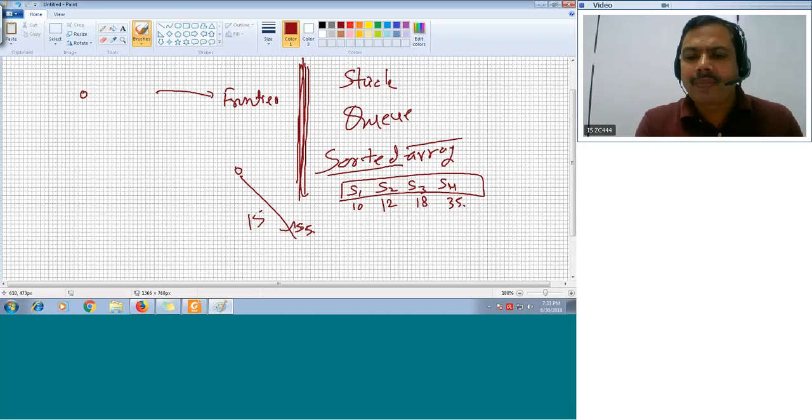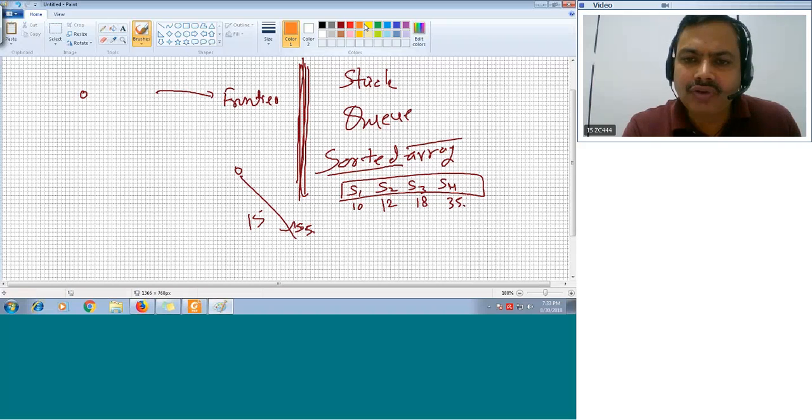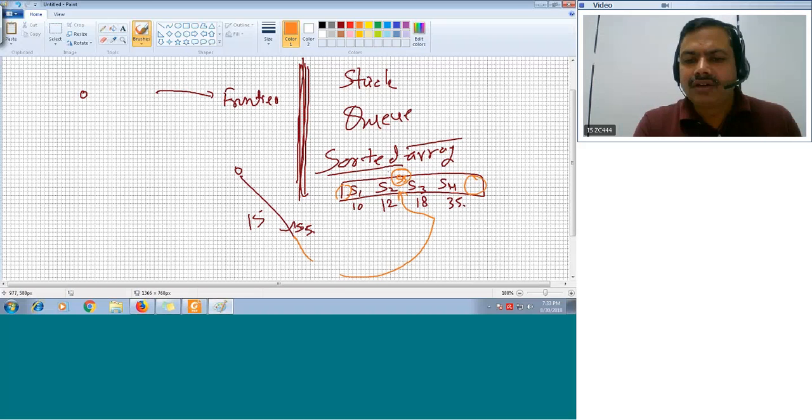S5 would not go at the end, nor at the front; it would go into the right position. So S5 would be inserted over here. The next item would be S1, after that S2, and then S5 would come out before S3.